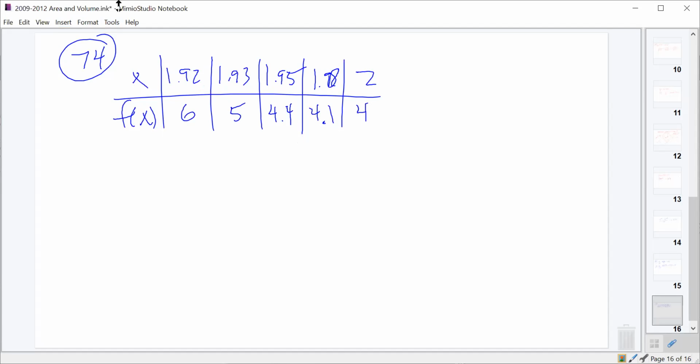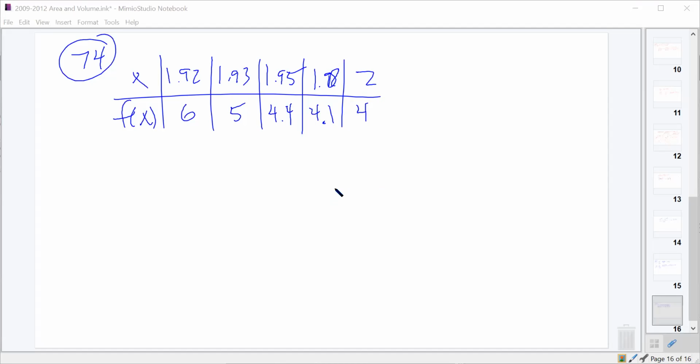All right, so we're looking to estimate f prime of 2. So the best way, given a set of values, to estimate the derivative of it, all we need to do is find the average rate of change between two of the points that include 2.